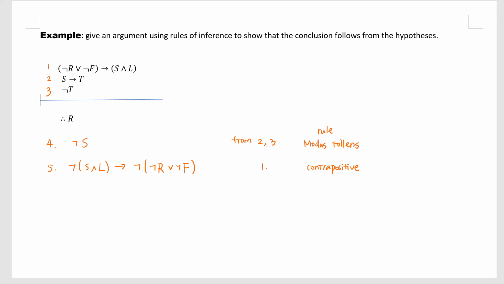All right, next. How do we move the not inside the parentheses? We use De Morgan's law. So not (S and L) is not S, flip the and to an or. It was and, now it becomes or. Not L implies not R, flip it, and then and not F. And here we're from line number 5, and we're using De Morgan's law.